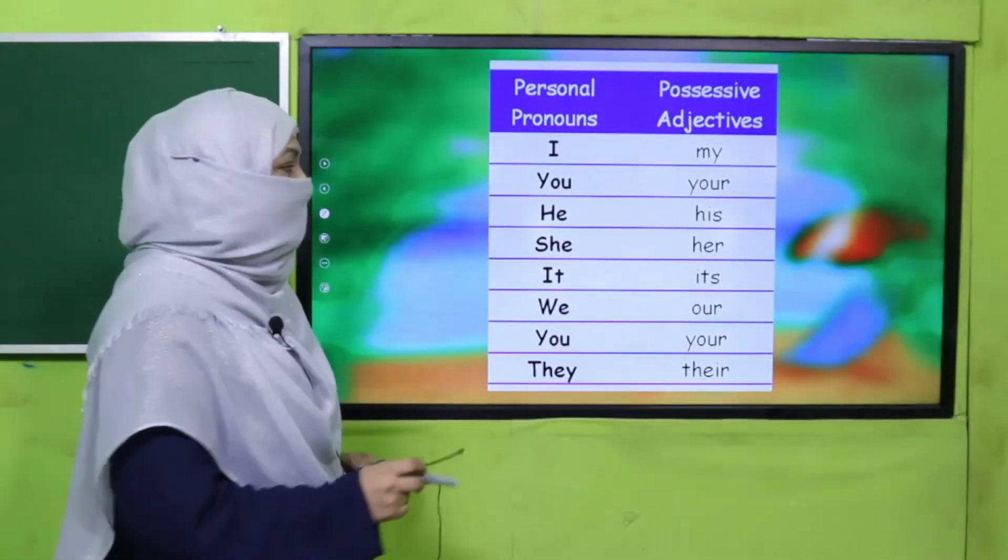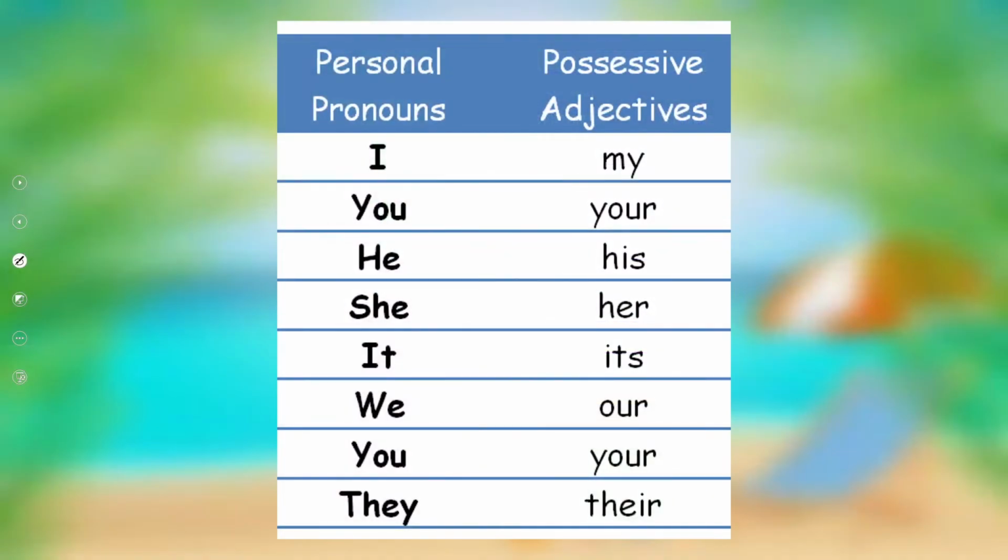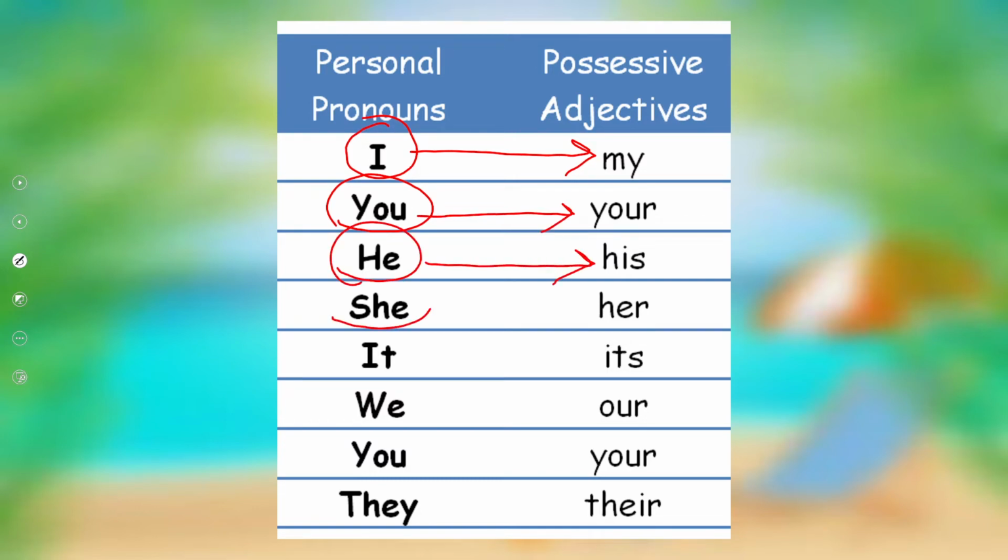They are here. Okay, if your pronoun is I, its possessive adjective is my. If your pronoun is you, its possessive adjective is your. For he, the possessive adjective is his. For she, it's her. For it, it's its. We, our.